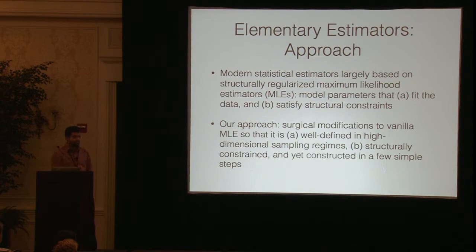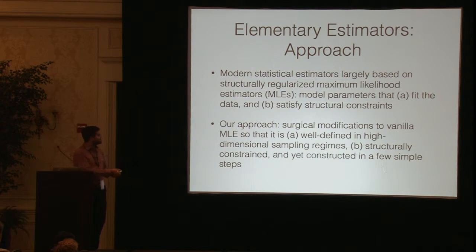But as you pointed out, there is an identifiability issue, and so you also need to impose certain structural constraints for identifiability, and that's something the regularization does. Okay, so this is what the typical estimators do.